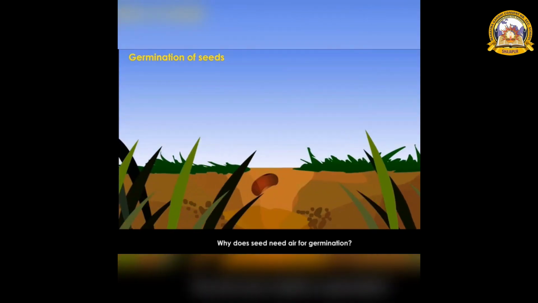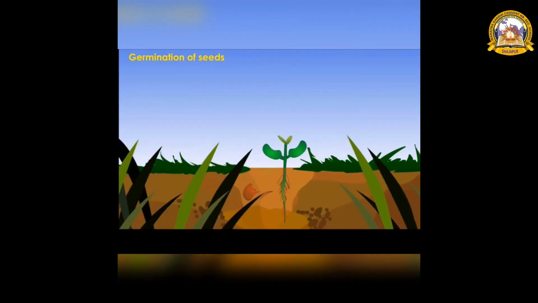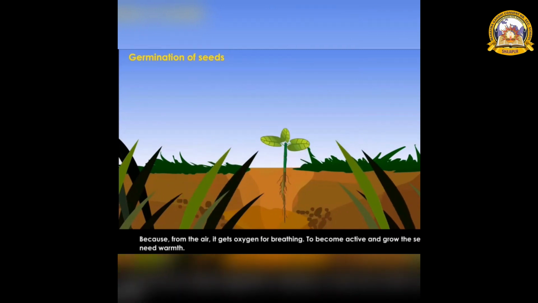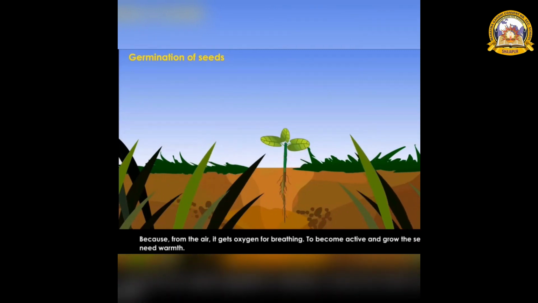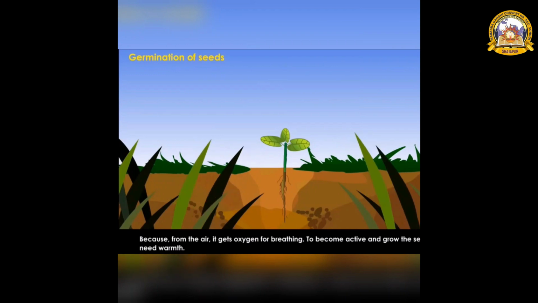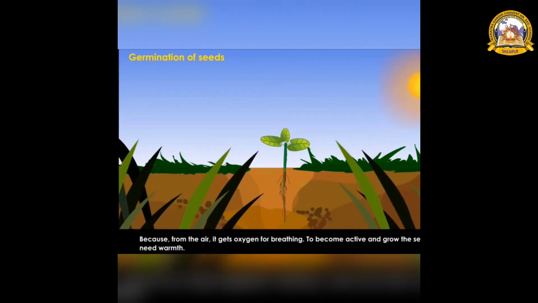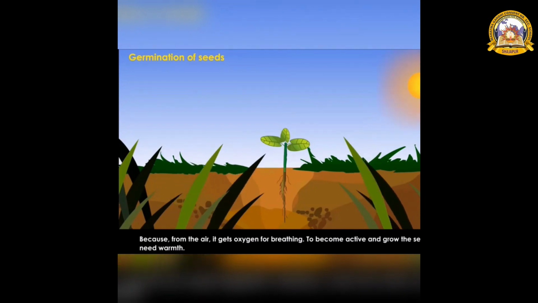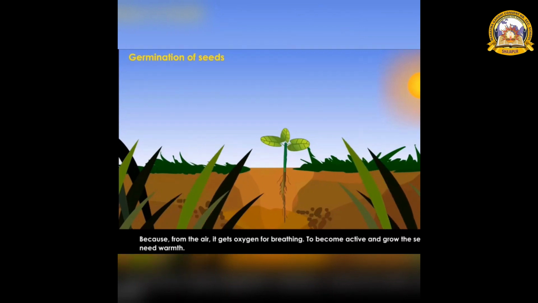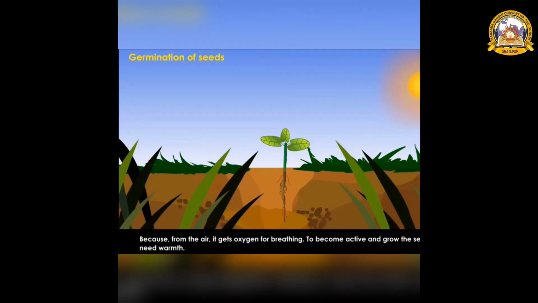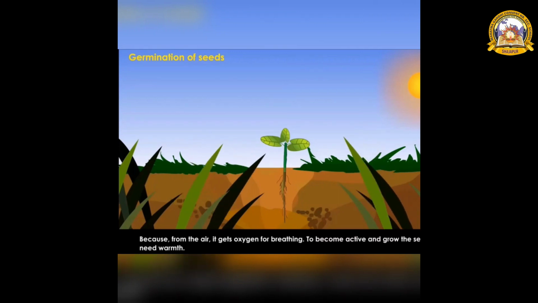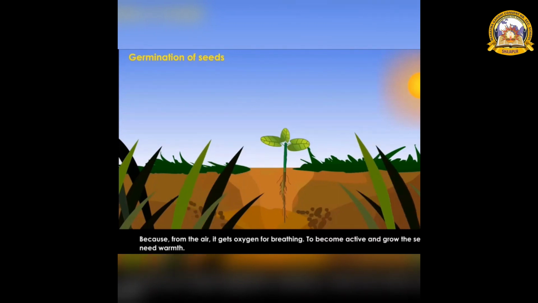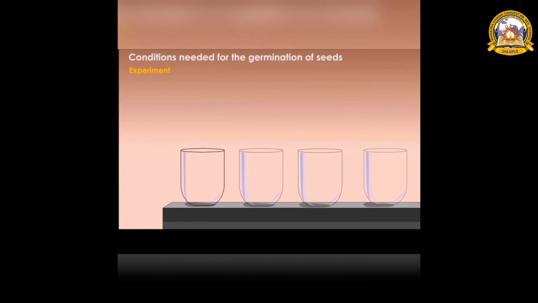Why does seed need air for germination? Because from the air it gets oxygen for breathing. To become active and grow, the seeds need warmth. conditions needed for the germination of seeds.